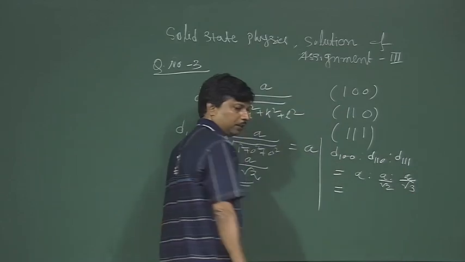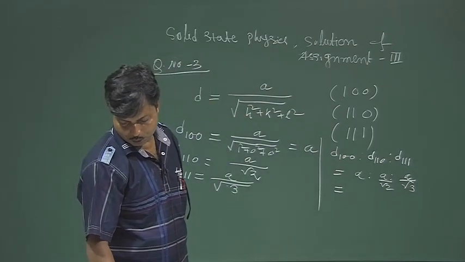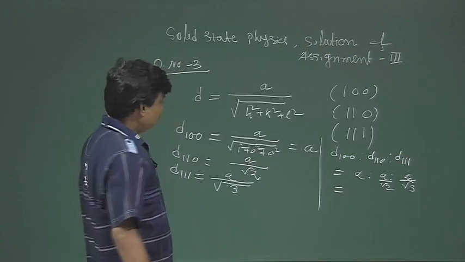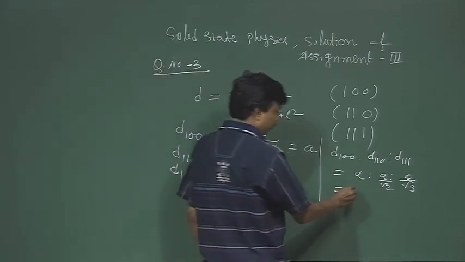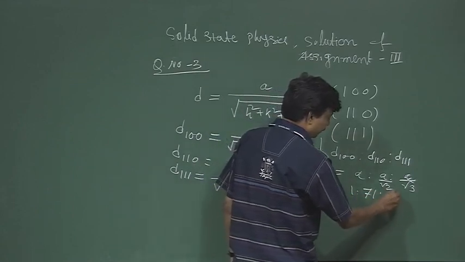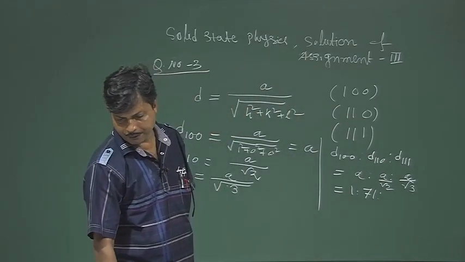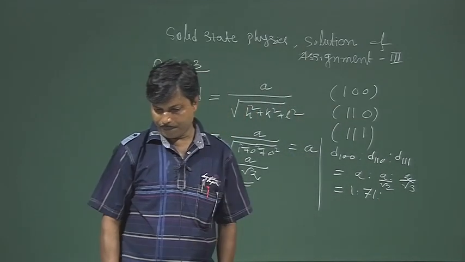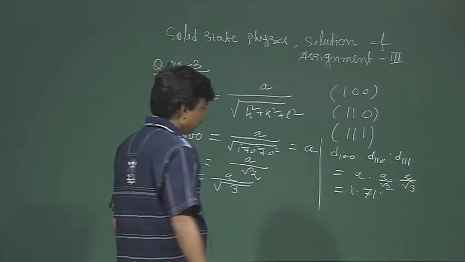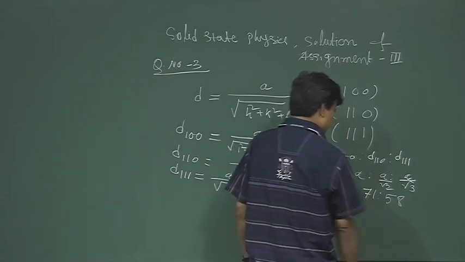After simplification, you get 1 is to 0.71 is to 0.58.